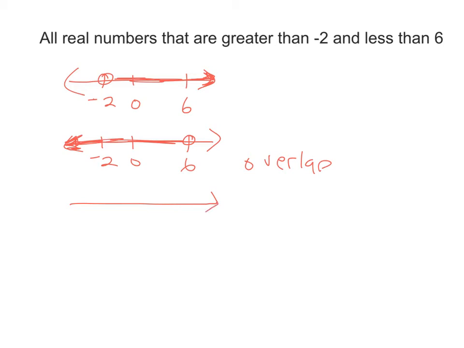Our graph is going to be from here to here, shaded in the middle, because they overlap. And you can do this all at once. You don't have to draw all three graphs. You can just end with our final one here.